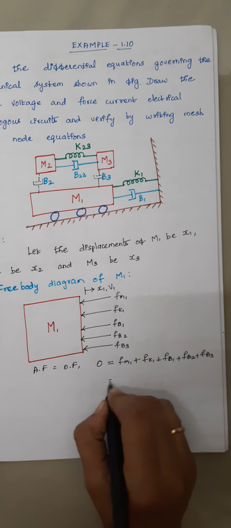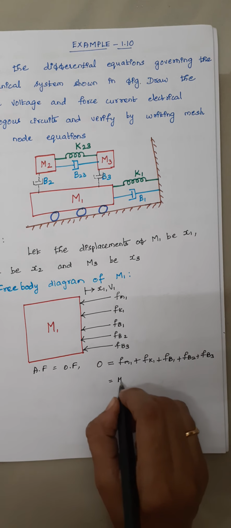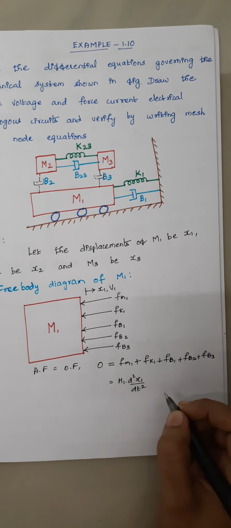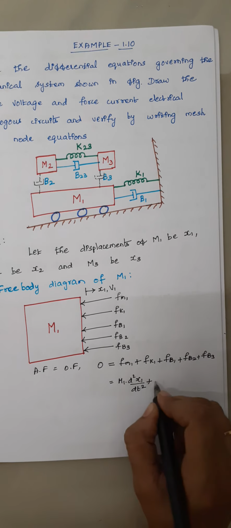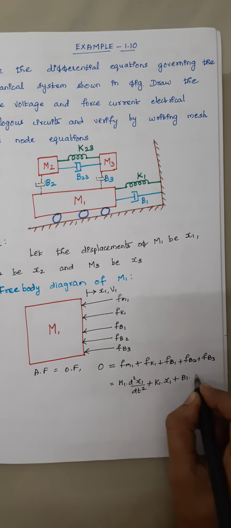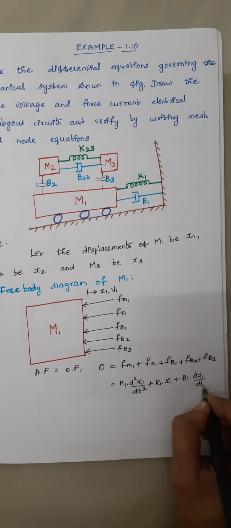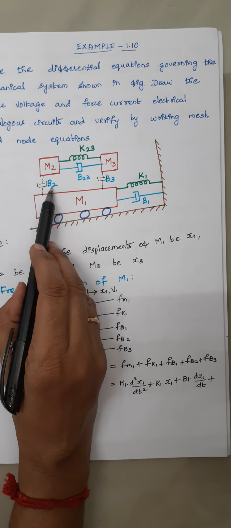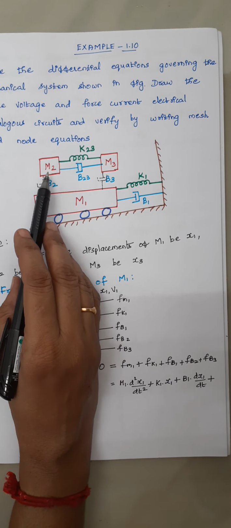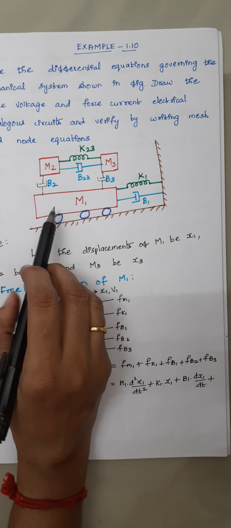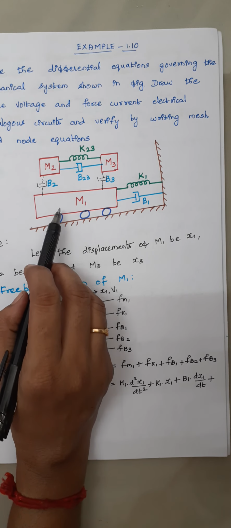As we all know, Fm1 is nothing but m1 into d square x1 by dt square, plus k1 into x1, plus b1 into dx1 by dt, plus as usual B2, which is connected between M1 and M2. Here we are drawing the free body diagram of mass M1, so we have to consider the displacement of M1 first.